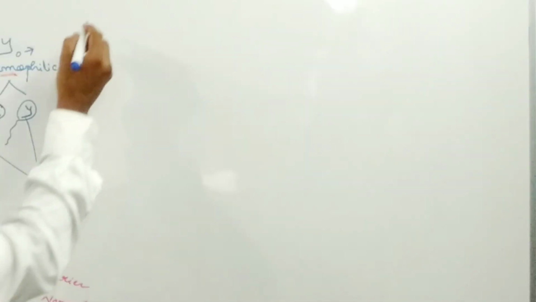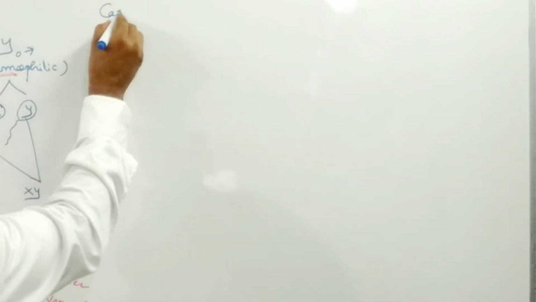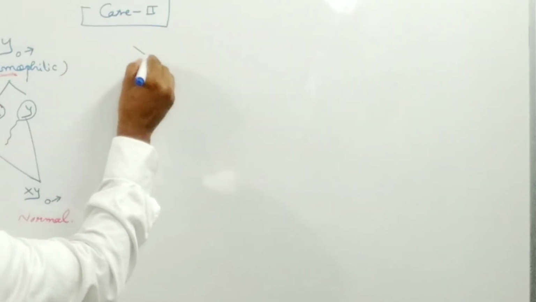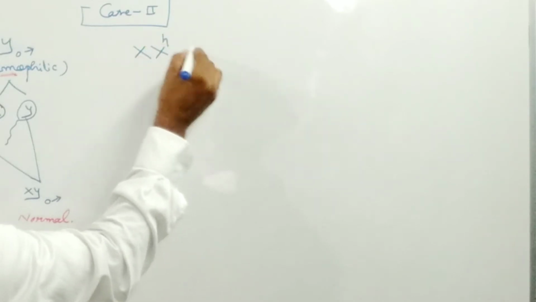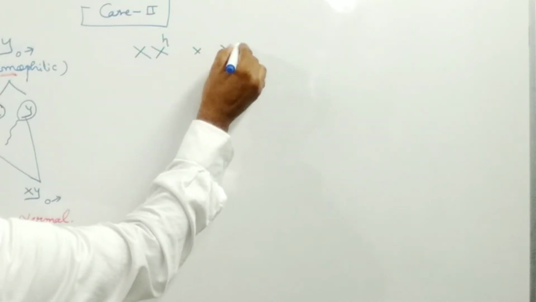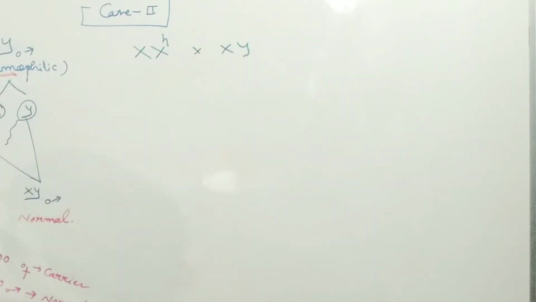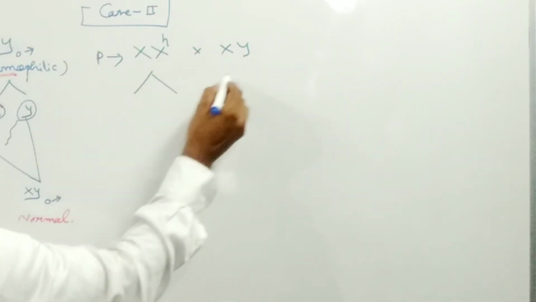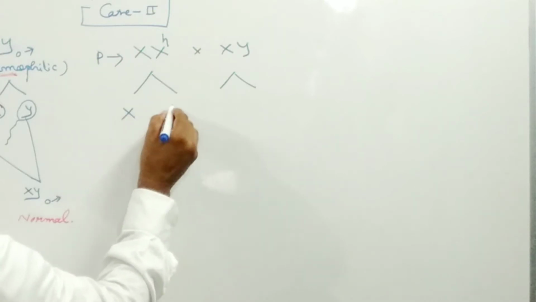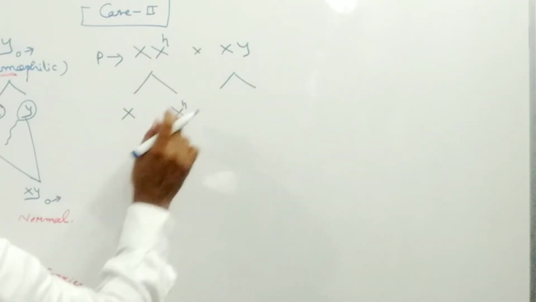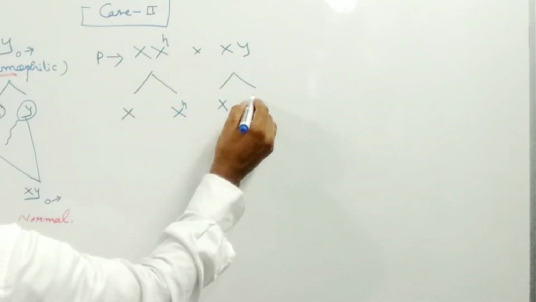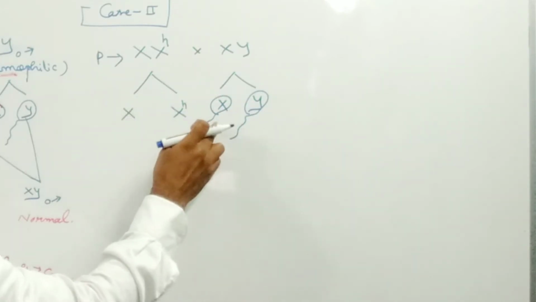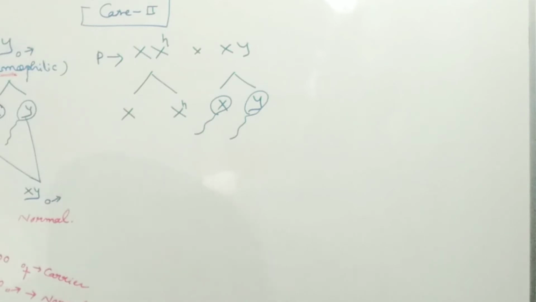If the marriage takes place between a carrier female and a normal male, then what happens? Suppose that this is the parental generation. So this is the X chromosome which contains the defective gene, and these are the 2 types of sperm: 50% of sperm contain the X chromosome, the other 50% contain the Y chromosome.